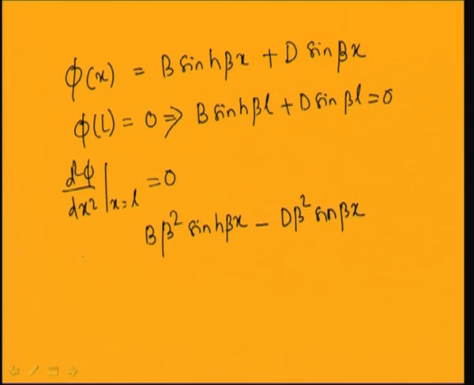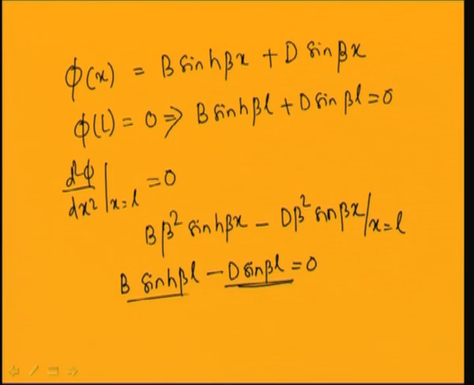So, when I put x equal to L, this becomes B into sinh beta L minus D into sin beta L equal to 0. As this is a trigonometric function and this is a hyperbolic function, it implies that B into sinh beta L should be equal to 0 or D into sin beta L will be equal to 0.